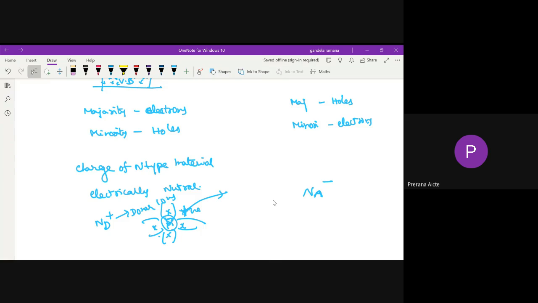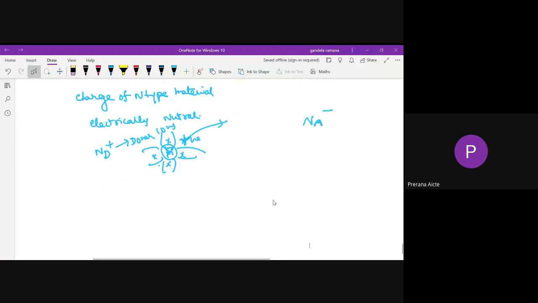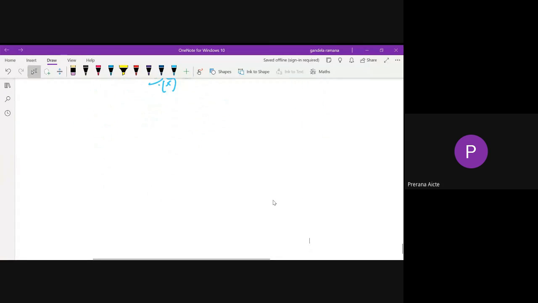The next topic is the mass action law. In the case of extrinsic semiconductors, the product of the number of electrons and holes is equal to ni squared, the square of the intrinsic concentration.